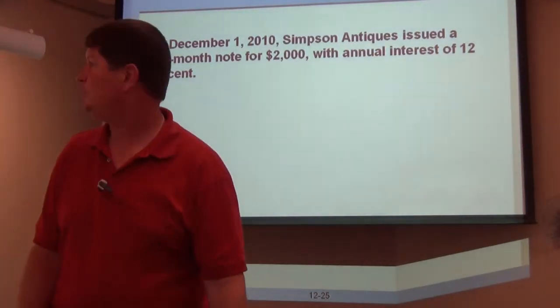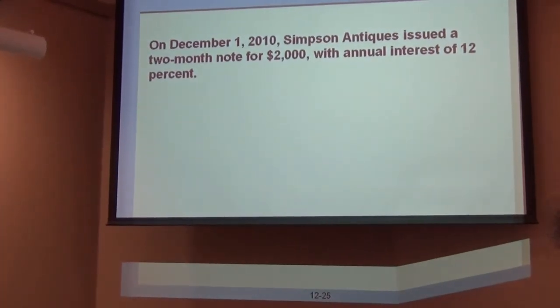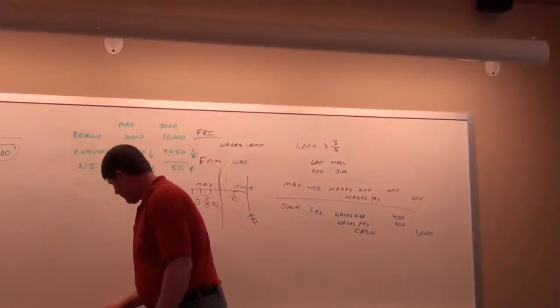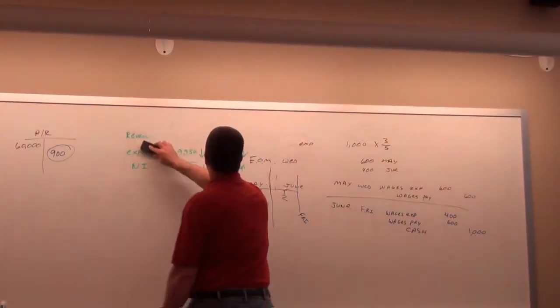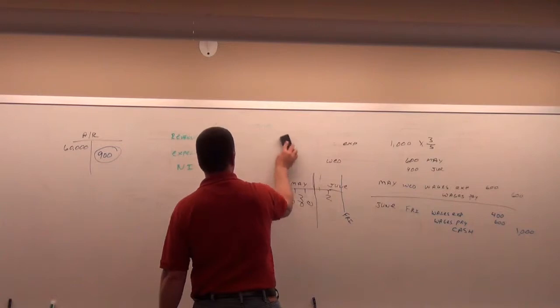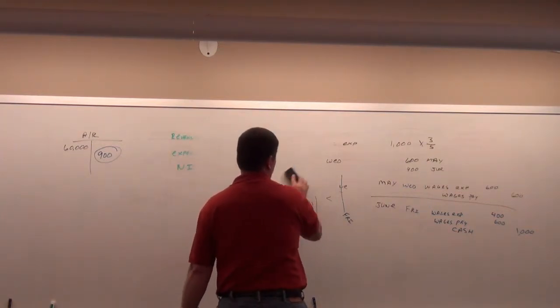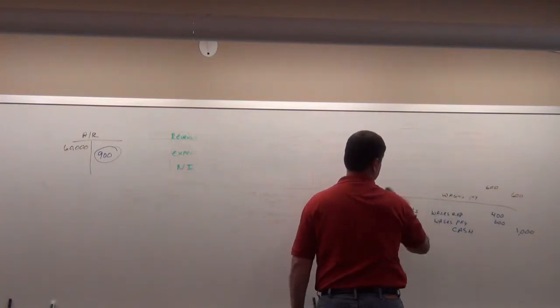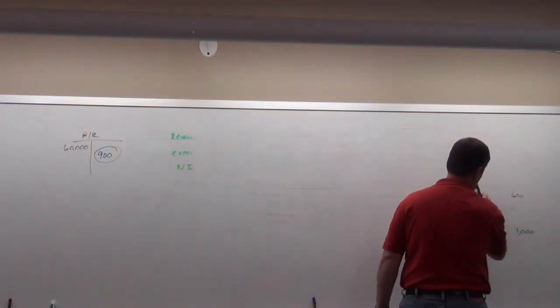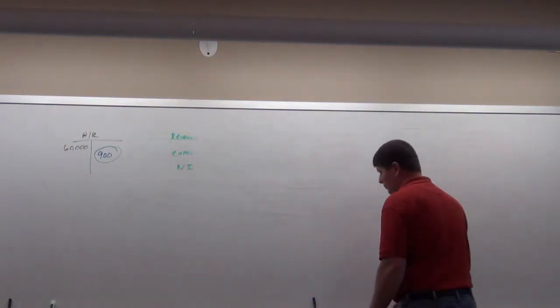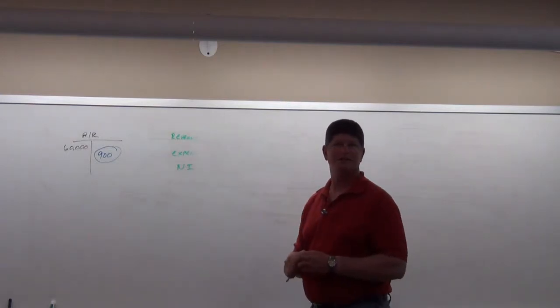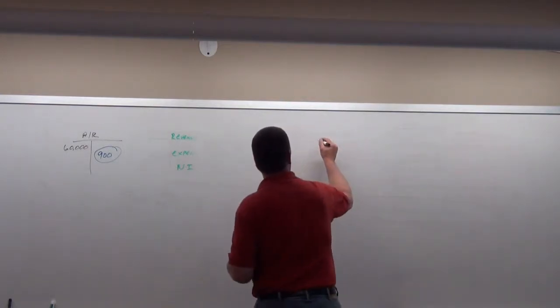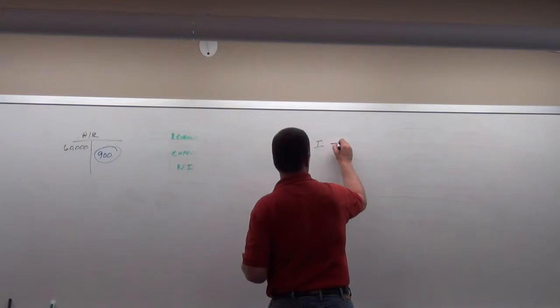All right. Notes payable. We remember notes payable. We love notes payable. If I have to calculate the interest expense on money that I've borrowed, what's the formula for it? Anybody? Don't all jump at once. The man has it.